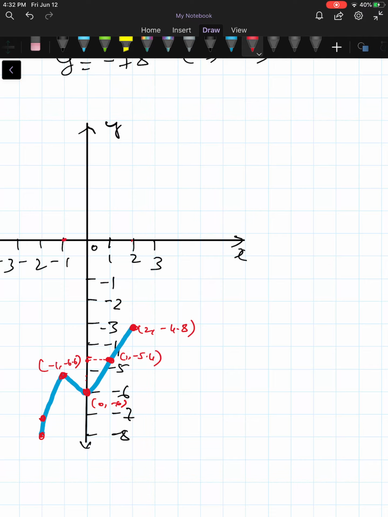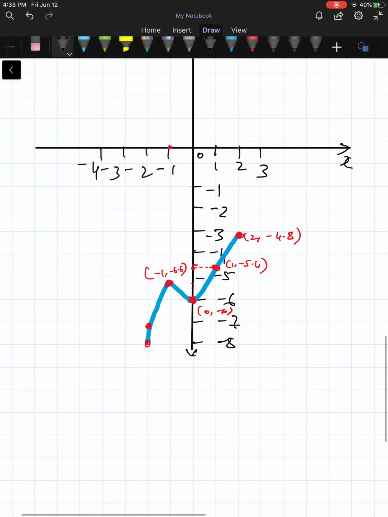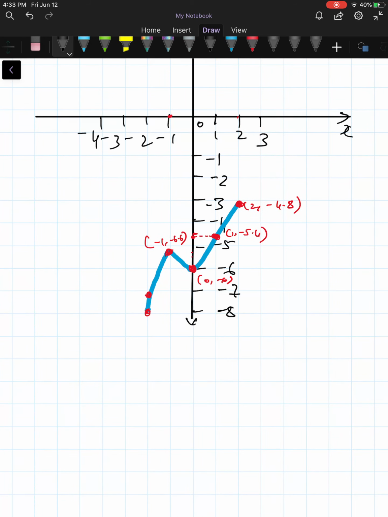Consider arbitrarily as many points as you can, plot them on the coordinate plane and connect them to see how your set of all points that satisfy your given equation looks pictorially.